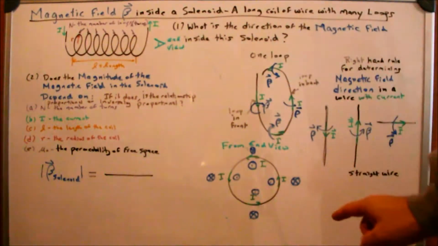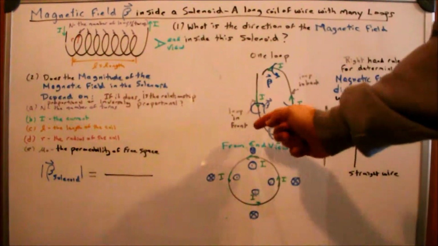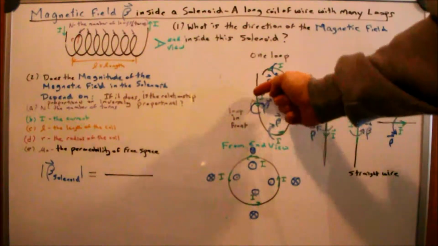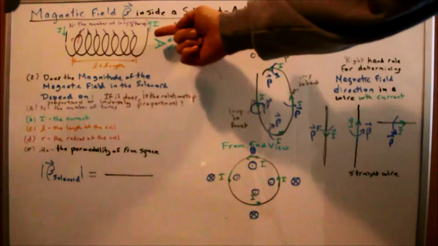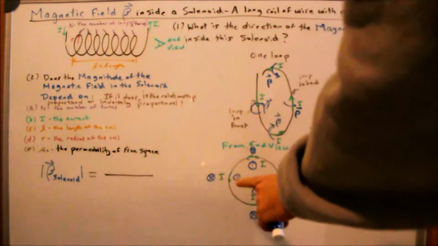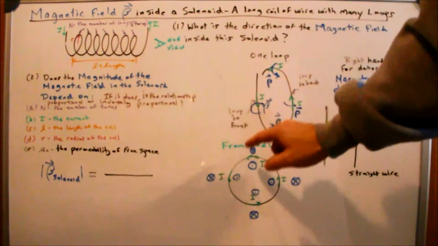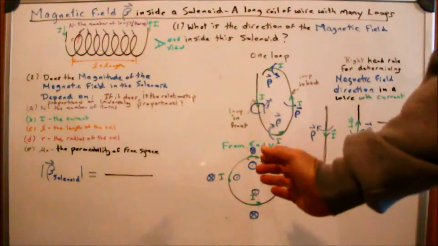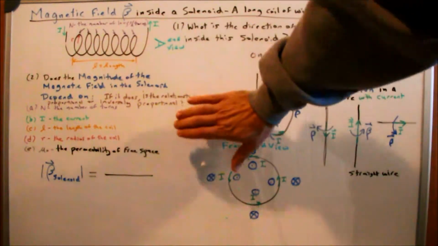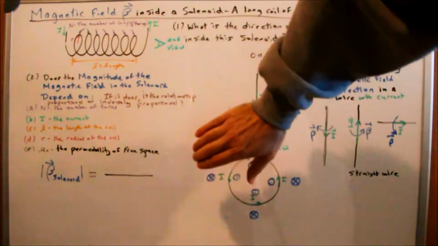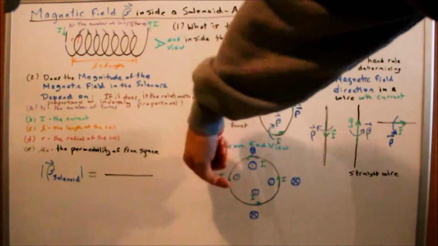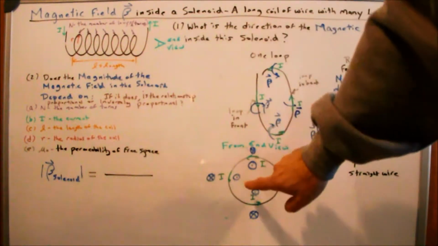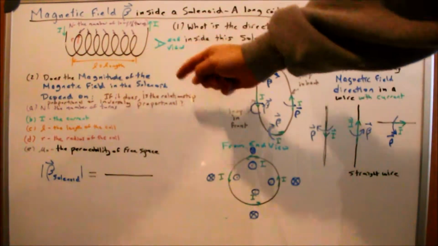This part would be the part in the front of that loop, and the current goes with it. Now if I put my thumb in the direction of the current and wrap around, you can see that outside I'm going into the board, and inside I'm coming out. That's approaching my view.